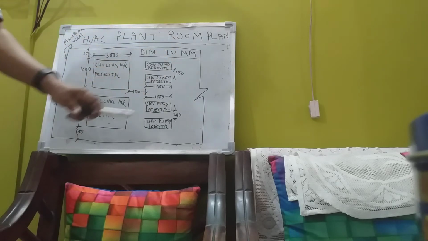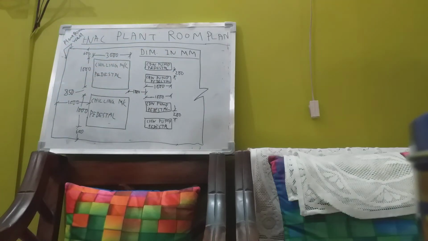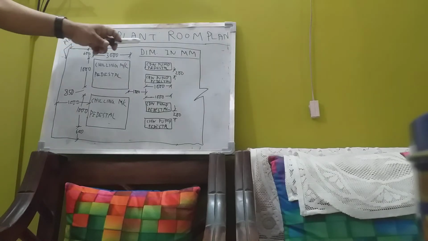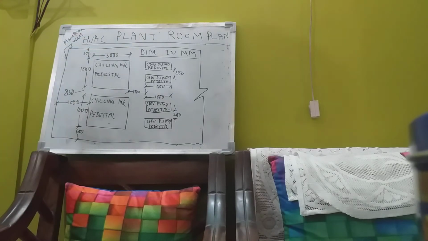That determines the total plant room size. But the plant room size will be something of that sort, as I am explaining to you. You can see in front of you the chilled water HVAC plant room plan. I am defining the total plant room so that it is clearly visible and understandable to you.